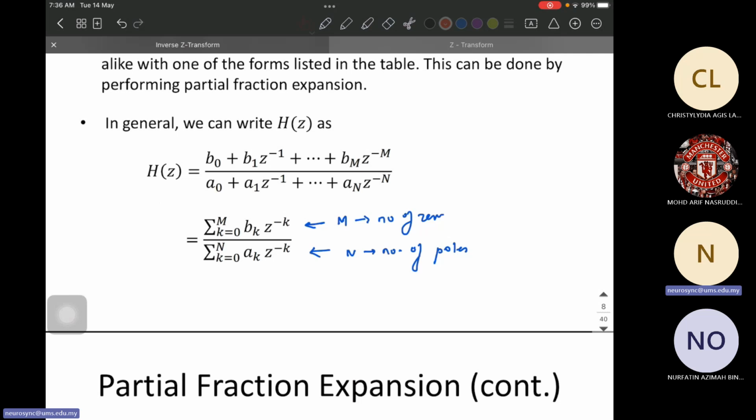The other case is where the number of zeros is greater than the number of poles and all poles are at different locations. And the third case is where there are multiple poles at the same location. In that case, the number of zeros may be greater than the number of poles, or the number of poles may be greater than the number of zeros.